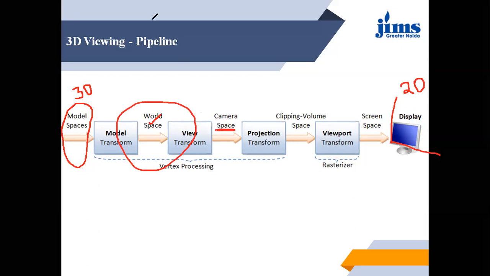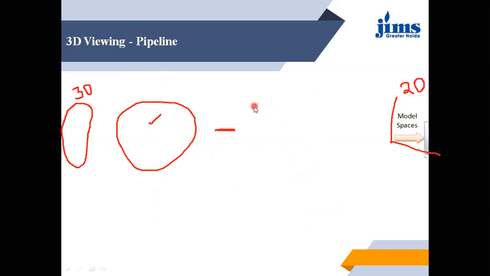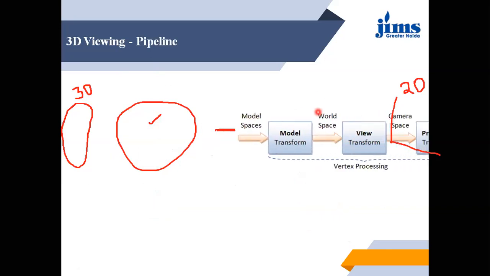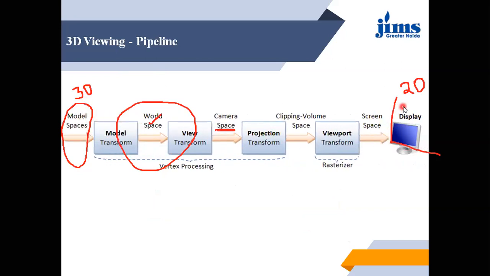As we discussed in the last slide, whatever object we are seeing, you can see from here that this is an object we are seeing from the camera and it has three dimensions. So this is the reason that we have to convert this three-dimensional object into 2D, and there are different steps to perform this complete process.